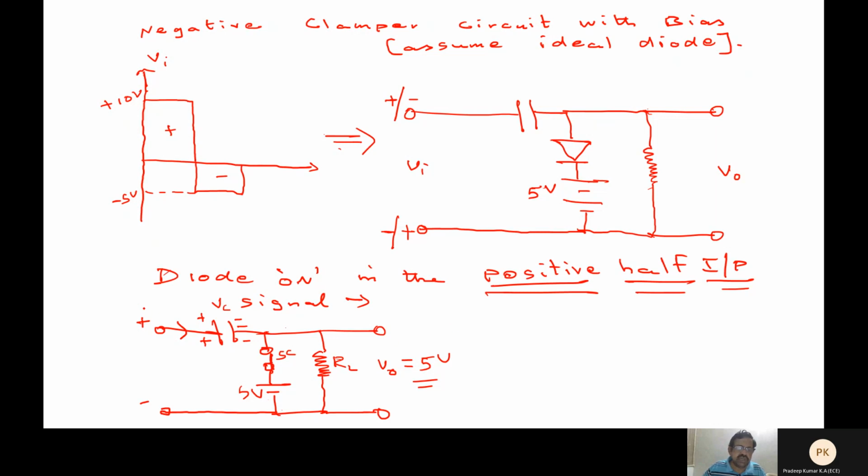Now we need to find the VC. To find the VC, again we have to go for the KVL.